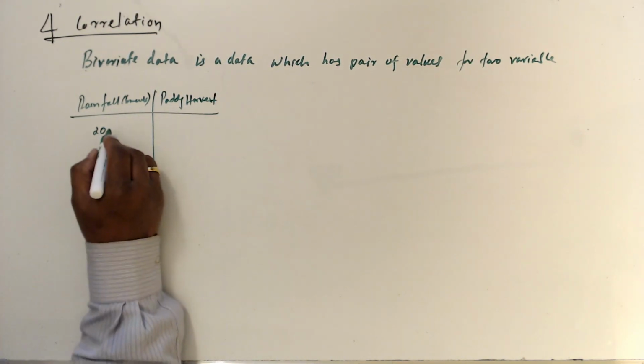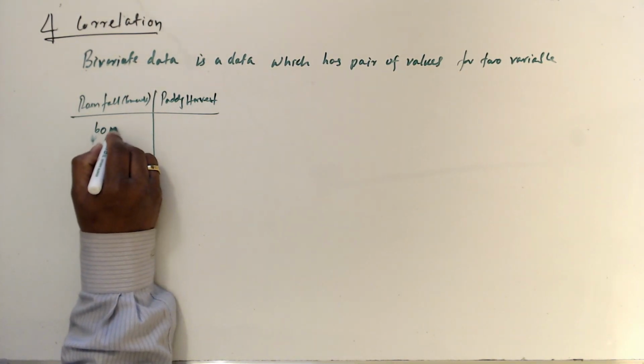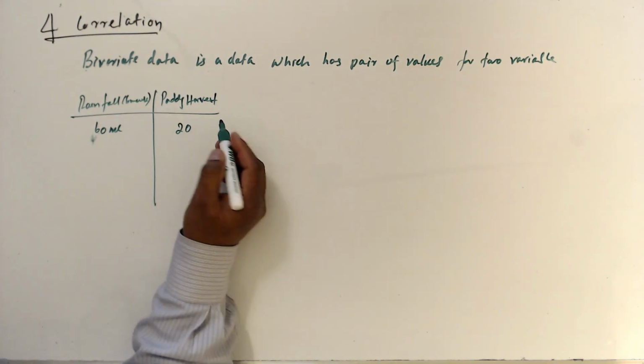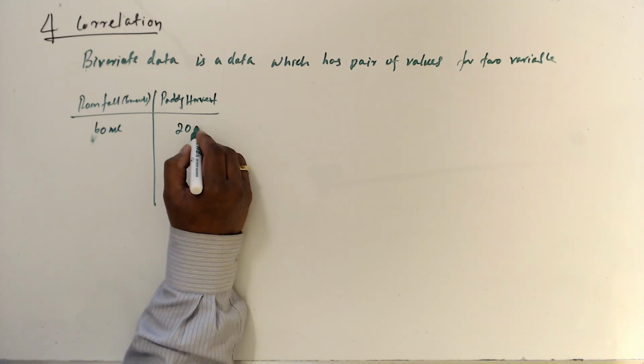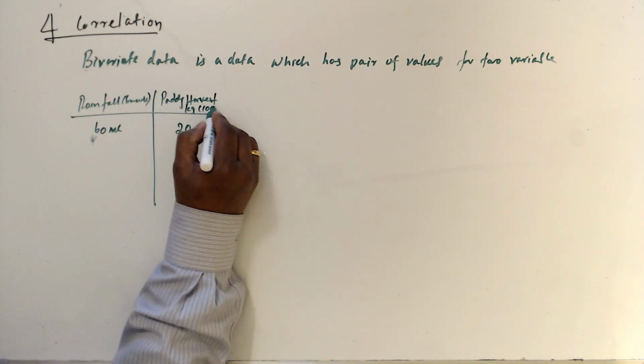Rainfall is 60 milliliter. Let's say the paddy harvest is 20,000 kilo. I write kilo in thousands, 20.